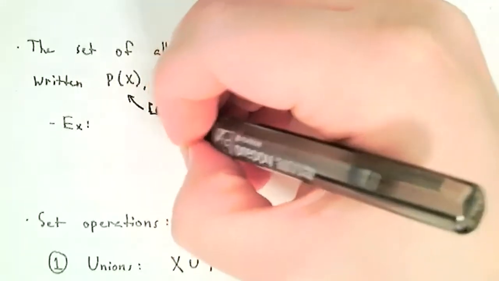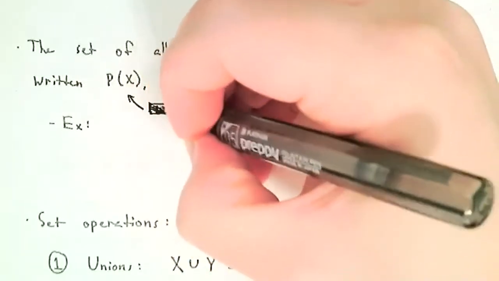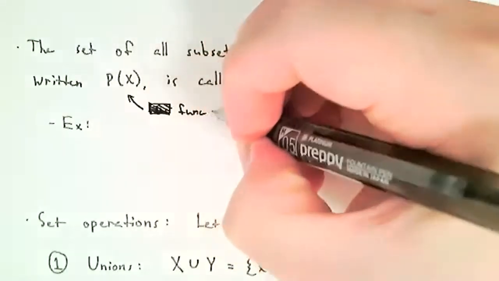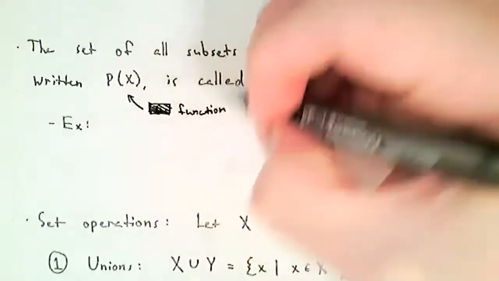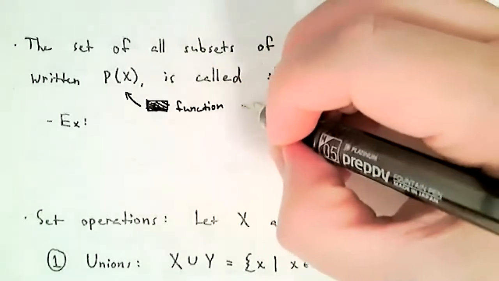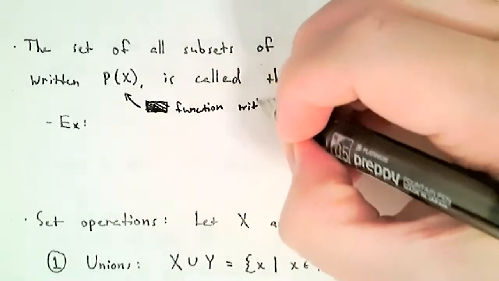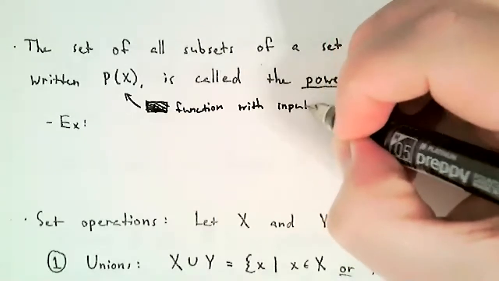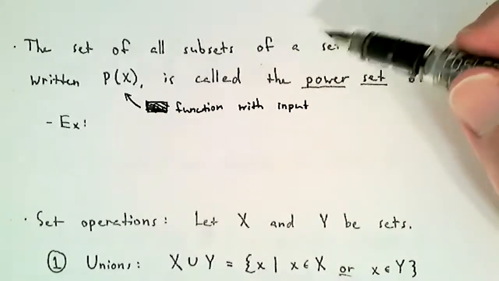And I need to work on my spelling. You should think of this as something like a function. So the input is your set, and the output of the function is all of the subsets.